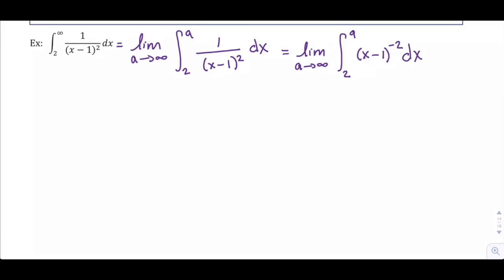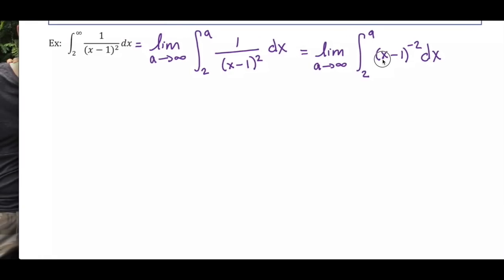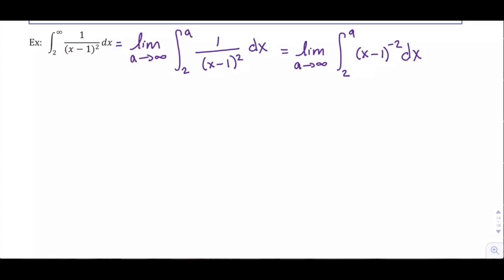At this point, you could either use u substitution, or knowing that your u would be x minus 1, we know the derivative of that would just be dx. So this is going to give us the limit as a goes to infinity of x minus 1 to the negative 1 power, divided by negative 1, evaluated from 2 to a.